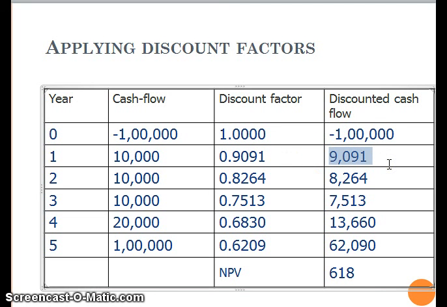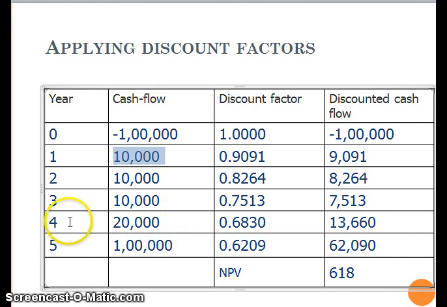For the first year you get a present value of 9091 for the future value 10,000, which means you have to invest 9091 for 1 year at the rate of 10 percentage to get 10,000.